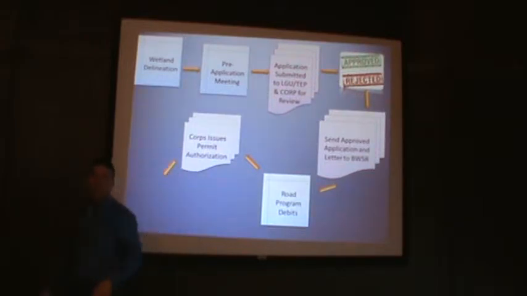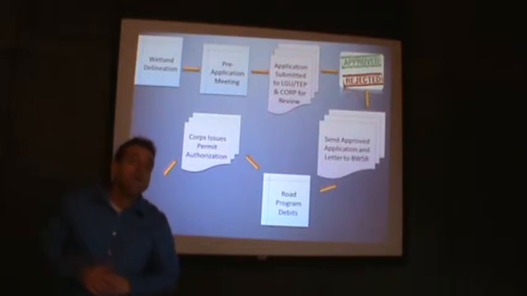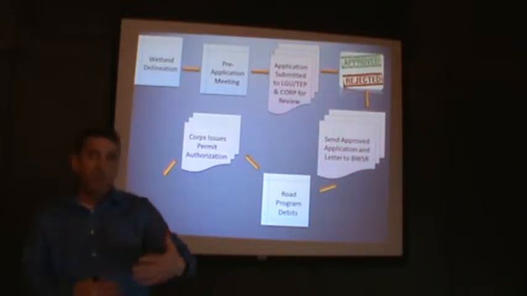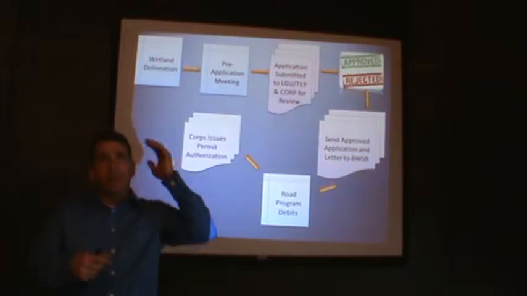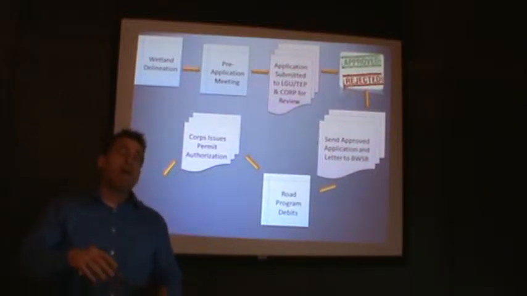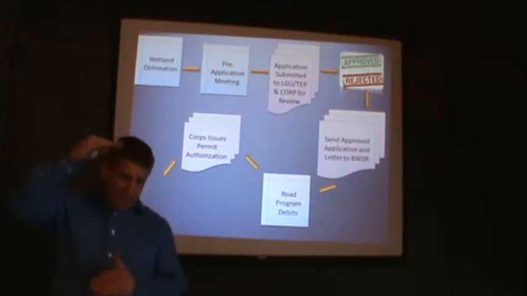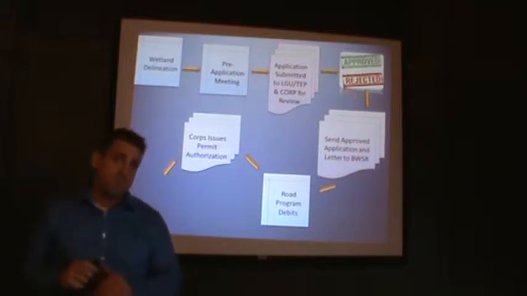Rob? What do you mean by a Corps requirement letter? When you send the application and it's reviewed by the Corps PM, their deliverable back to you will be some type of letter that says you're authorized for discharge, or not authorized for discharge, for this project, and you're required for this type of mitigation and this amount of mitigation.